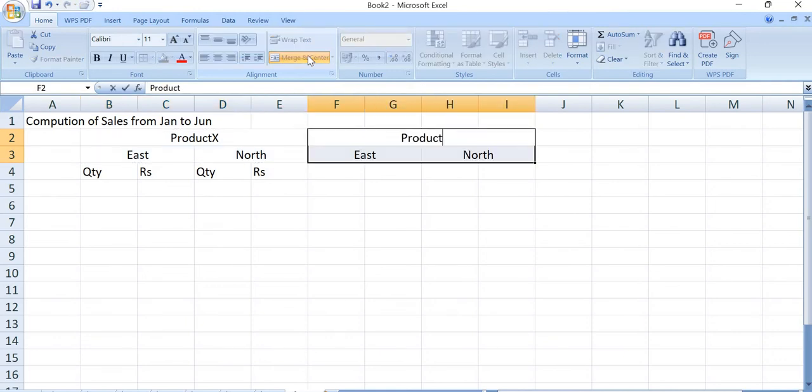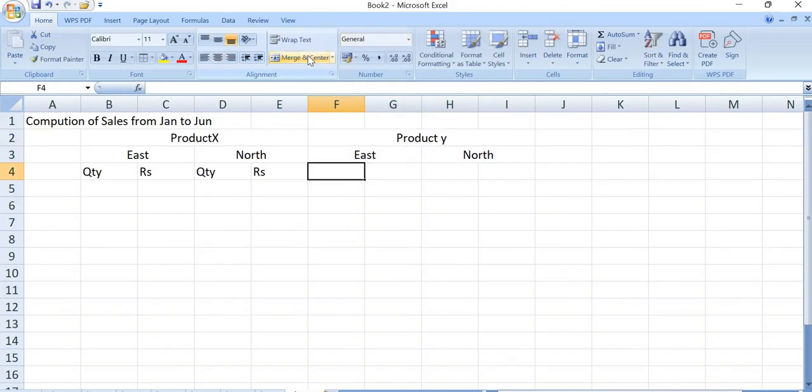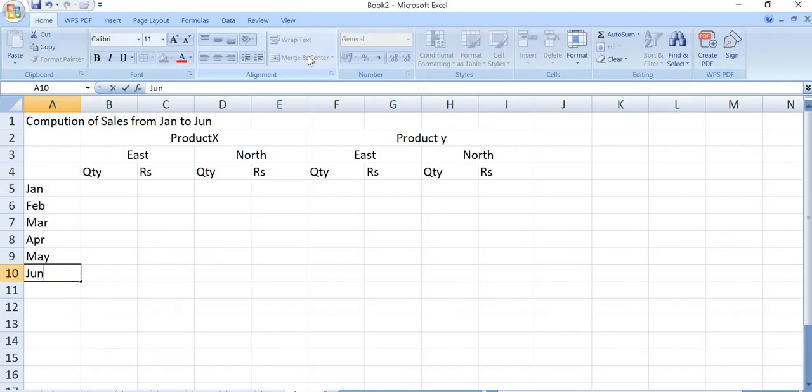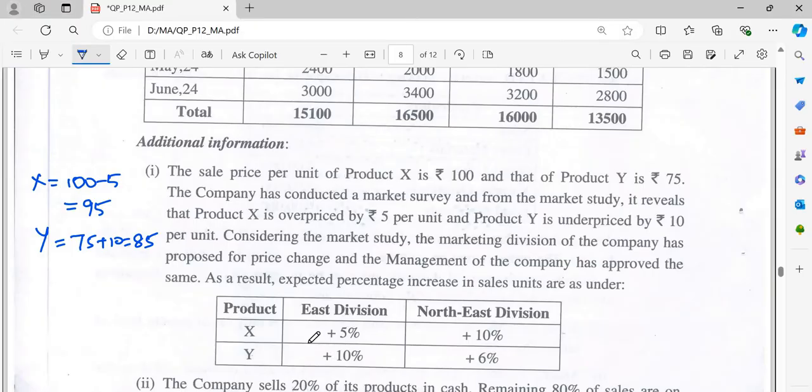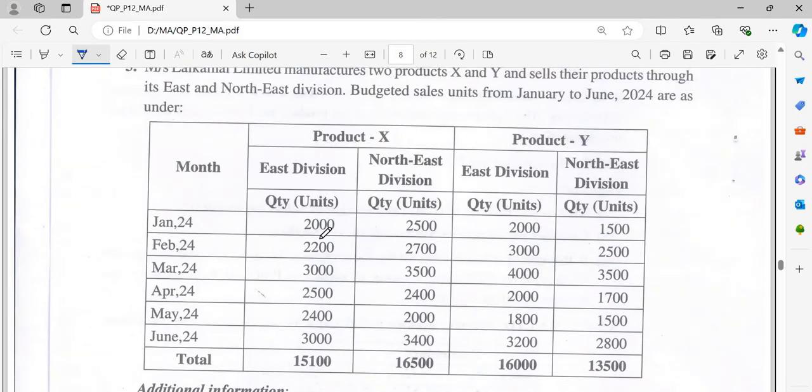In the same way for product Y, with Jan, Feb and so on.